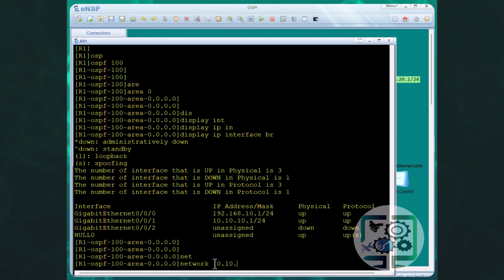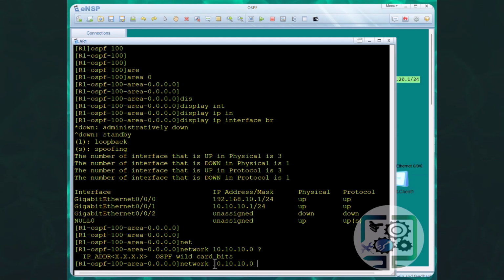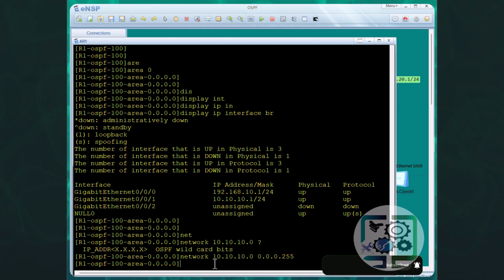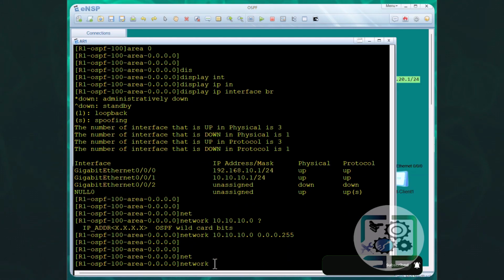First, 10.10.10.0 and its wildcard mask. As you know, the wildcard mask is the inverse of the subnet mask, which will be 0.0.0.255. And we will advertise the other network also.